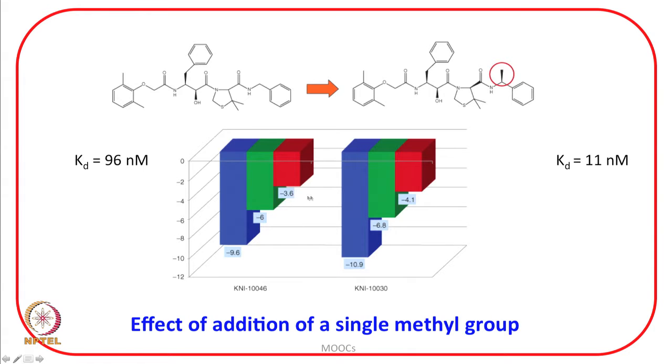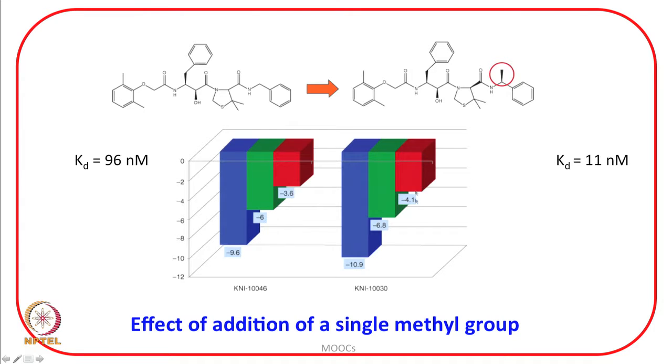And there is a marginal increase in entropy also. This is minus T delta S, therefore I am saying marginal increase in entropy from 3.6 to 4.1 kcal. A good improvement in the affinity by a factor of 9 has been achieved by a little bit of increase in enthalpy and a little bit of increase in entropy.